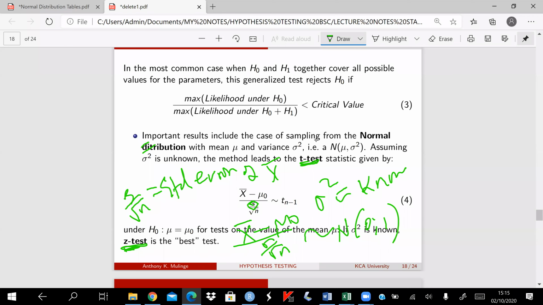So that's the basic distinction between when to use a T and when to use a normal distribution. It is simply based on whether sigma is known or not known.